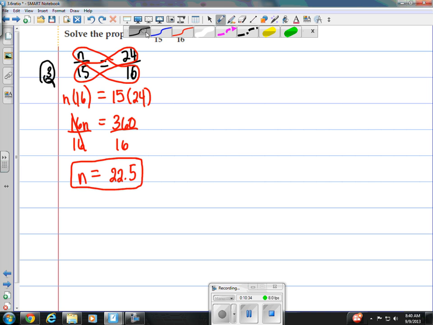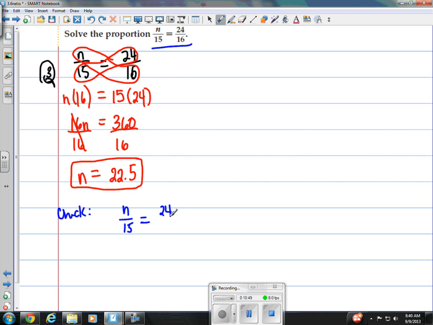Now we can do a quick check to make sure our proportion is correct. Remember, you always want to go back to the way it looks in the original, before we did anything to it. The way it looks way up here. So n over 15 equals 24 over 16. Now we say n is 22.5, so 22.5 over 15 equals, once again, our 24 over 16 just drops down.